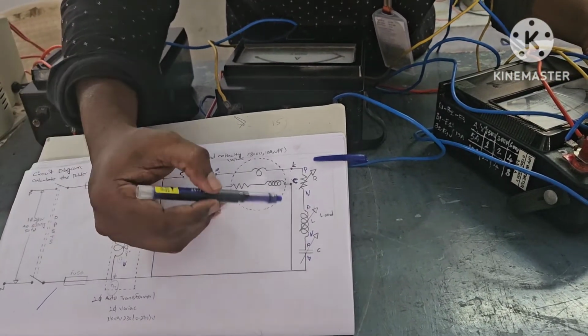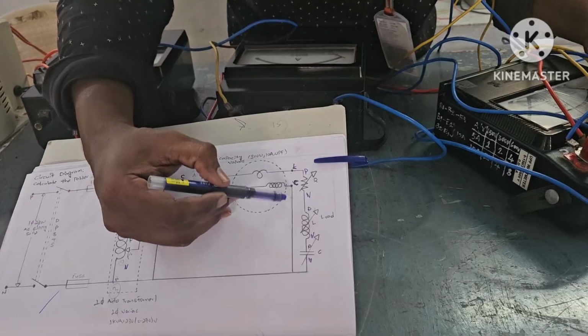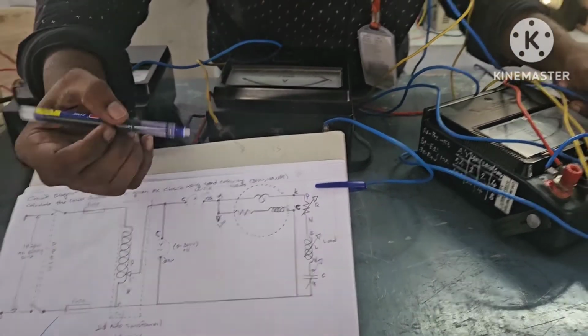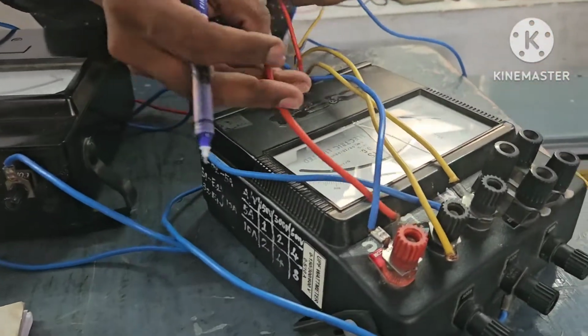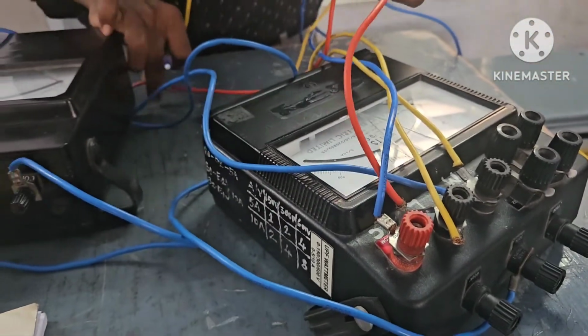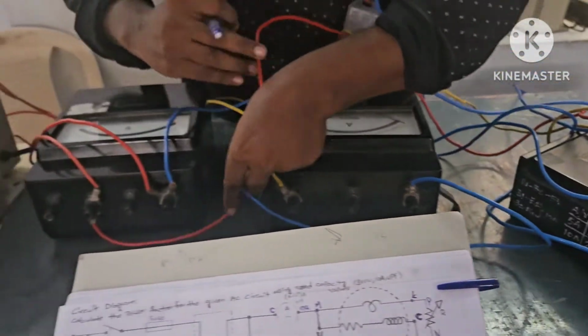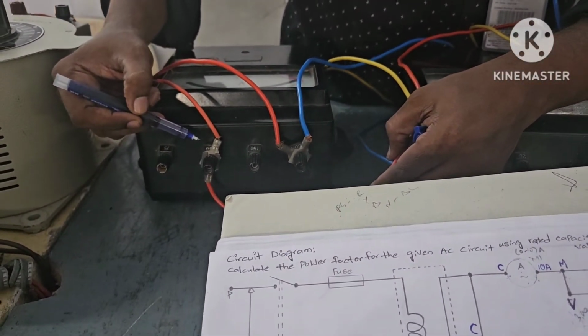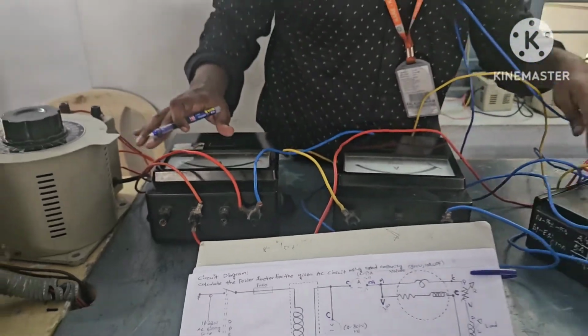So what I do, I will connect this wattmeter common to the voltmeter 300 terminal. So this red color wire from the wattmeter common I am connecting to the voltmeter 300 volt terminal, right? So this is the connection.